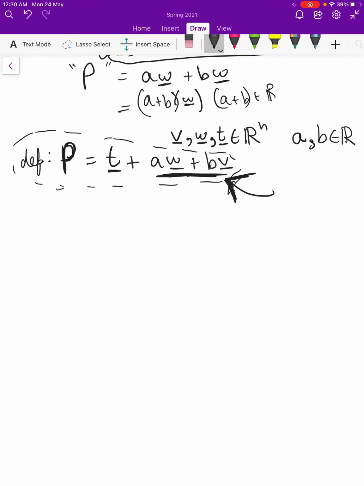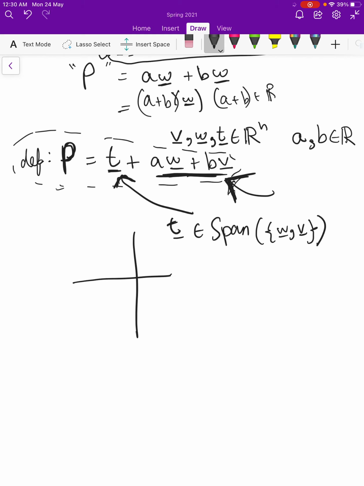And how, you may ask? Well, as I just said, if t is the zero vector, or t is in the span of w and v. So this is a span together. Now, why would it be so? Well, because t is in the span of aw and bv, we can always get to the origin.